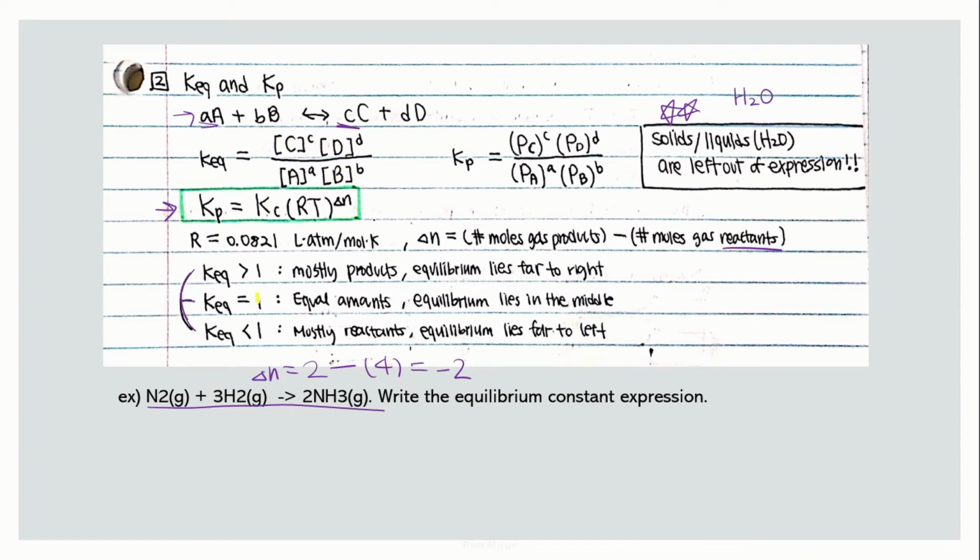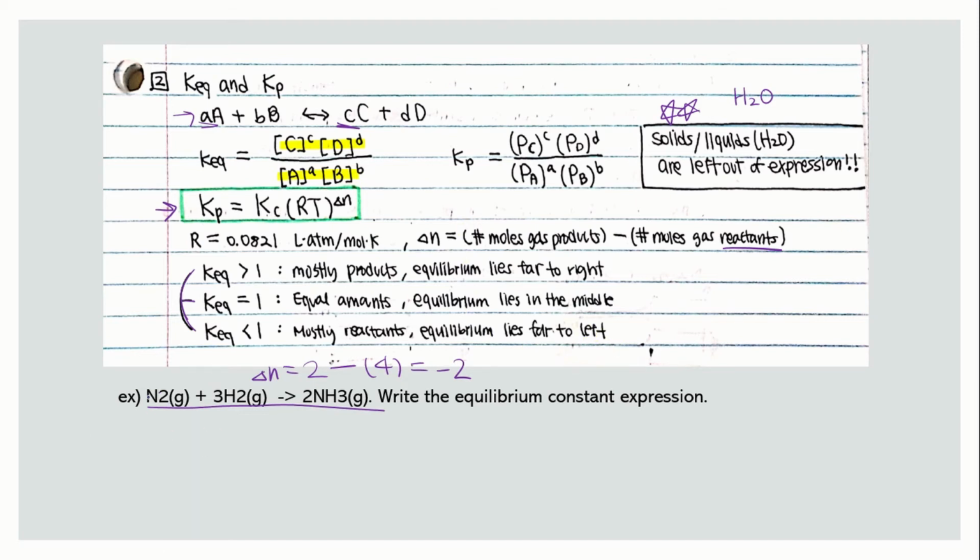And if Keq equals 1, it means there are equal amounts of reactants and products because the numerator has to equal the denominator. But when Keq is less than 1, it means that the reactants, the denominator, are greater than the products, the numerator. So it means that equilibrium lies far to the left.